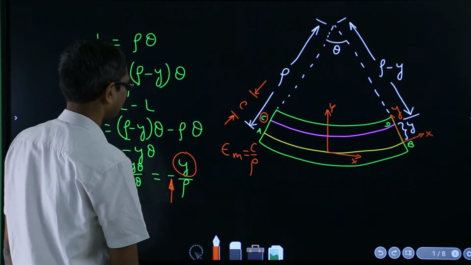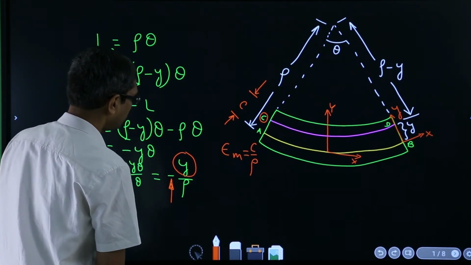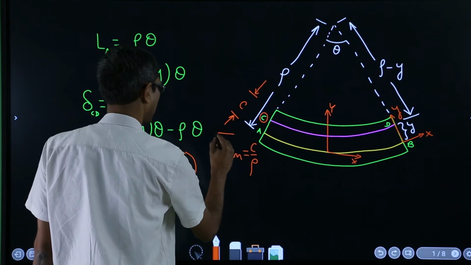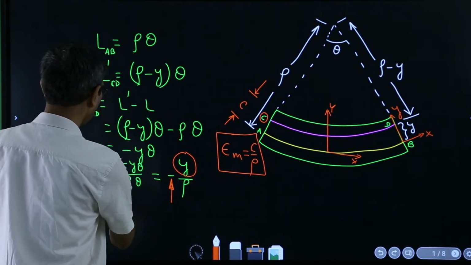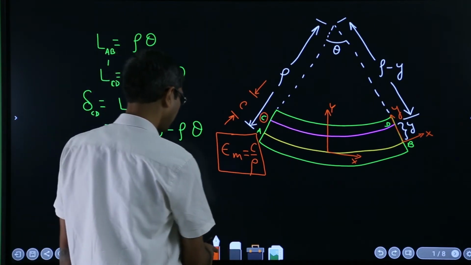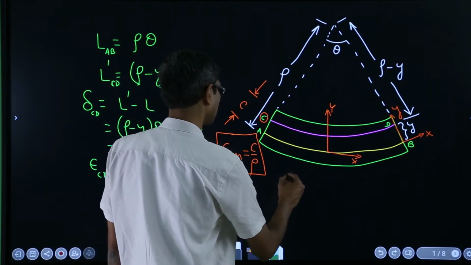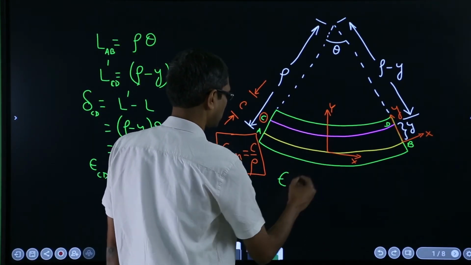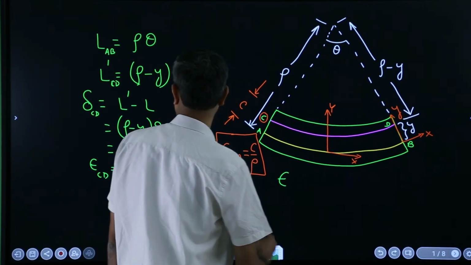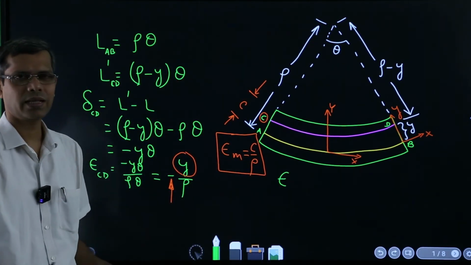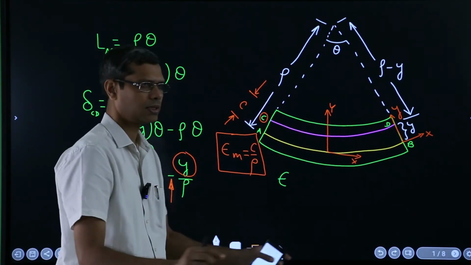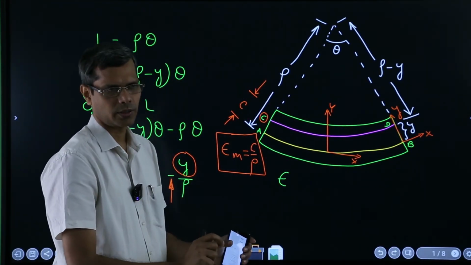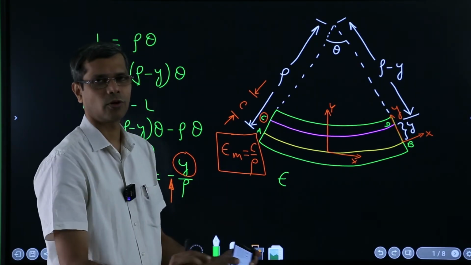So suppose this is the maximum absolute value, then we can write the strain at any location. And this strain is in the x direction, because we consider the x axis to be along the undeformed axis.